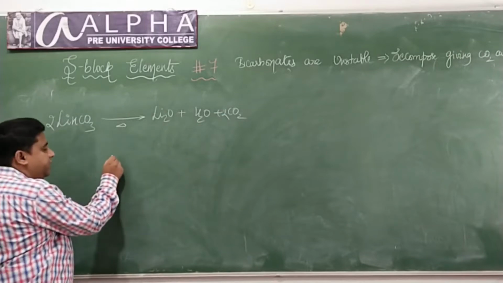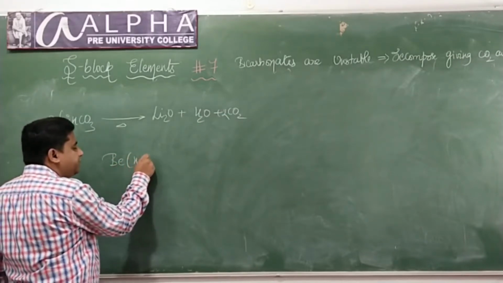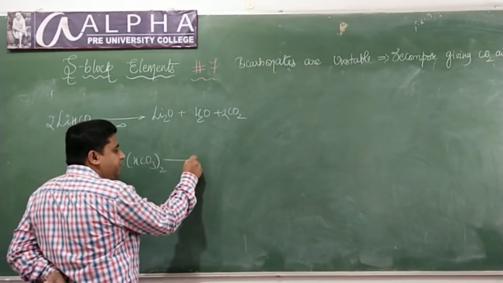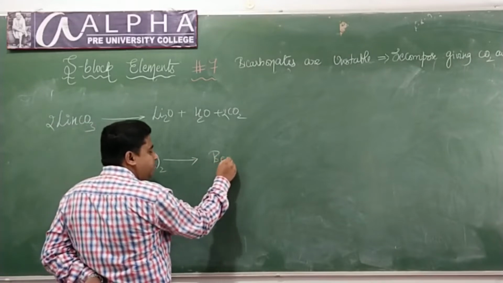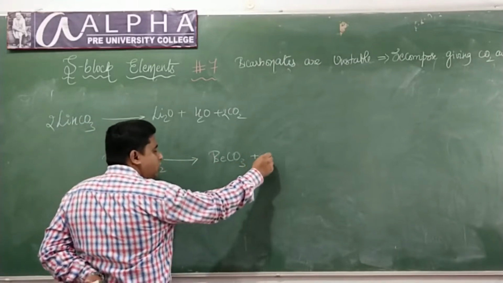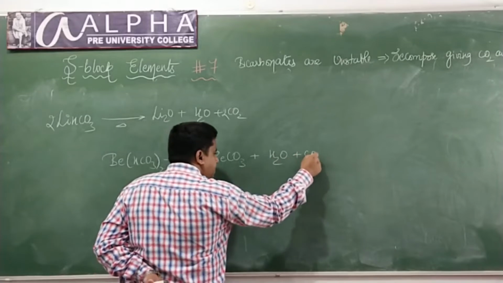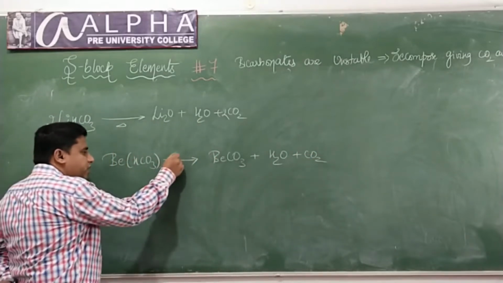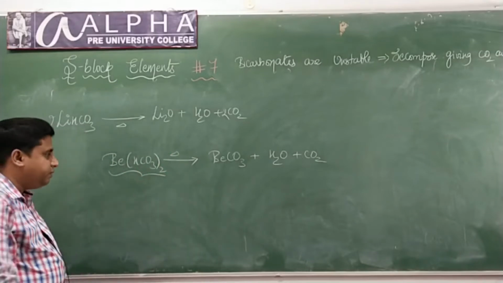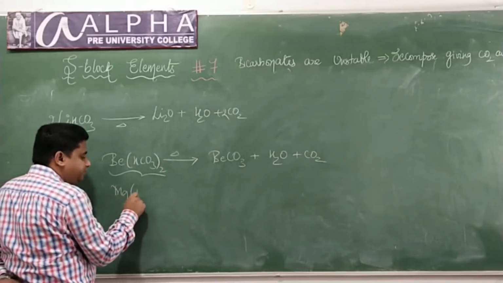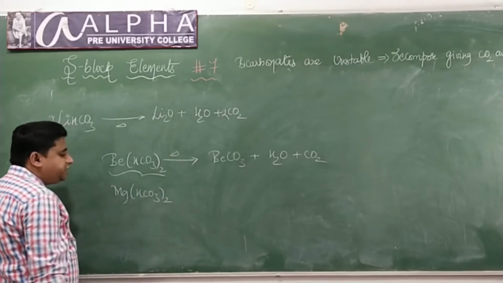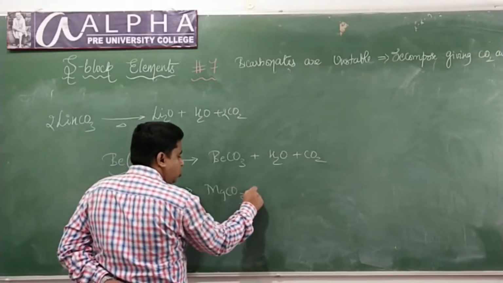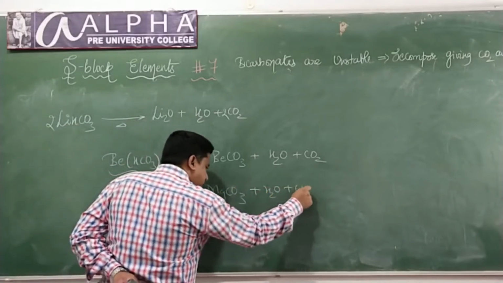Like that, beryllium bicarbonate decomposes to give beryllium carbonate, water and carbon dioxide. It is quite unstable. Magnesium bicarbonate decomposes to give magnesium carbonate, water and carbon dioxide.